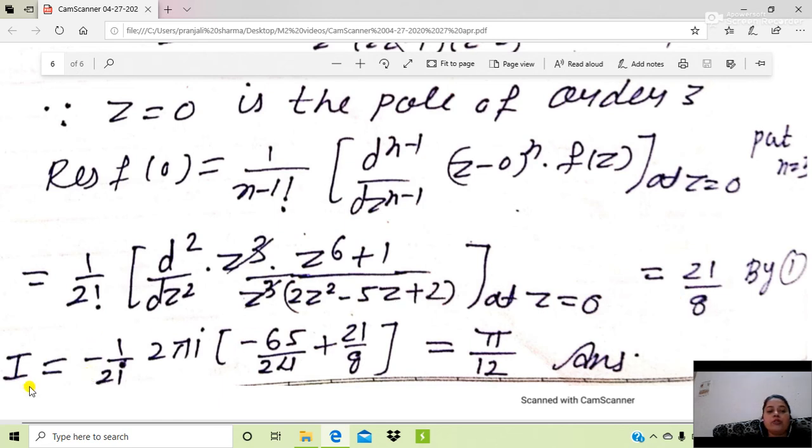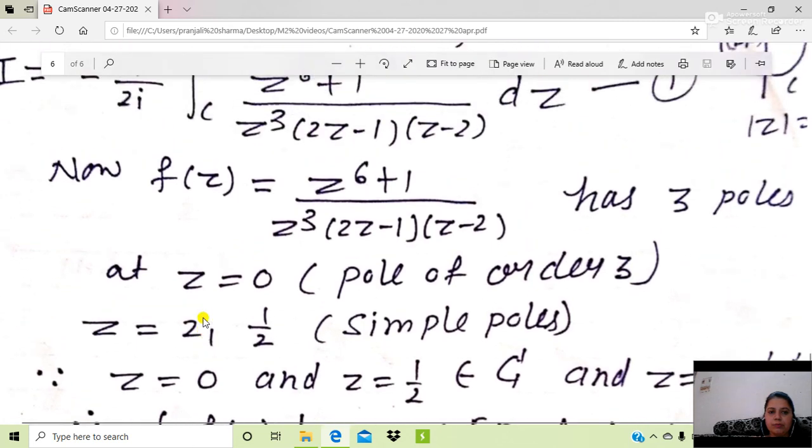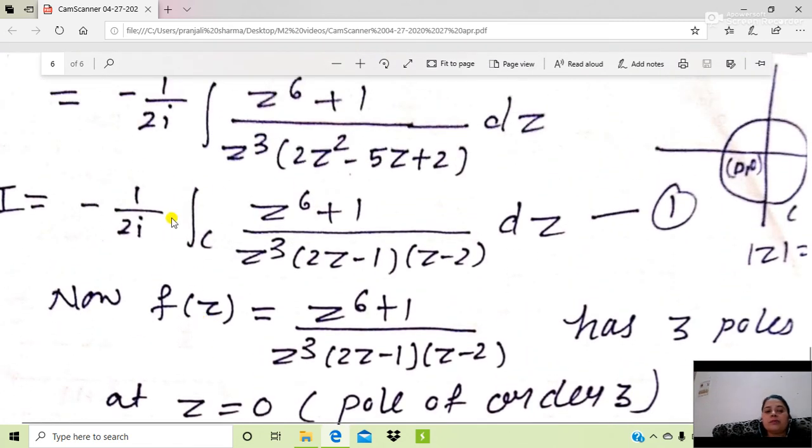Now by the residue theorem, the integration of f(z) dz will be 2 pi i into the sum of residues. And let's see what the question was. It was minus 1 by 2 pi i into the integration of f(z) dz, as you can see in example 1. So to evaluate this integration, excluding minus 1 by 2i, the integration of f(z) dz was calculated using the formula 2 pi i into the sum of residues.